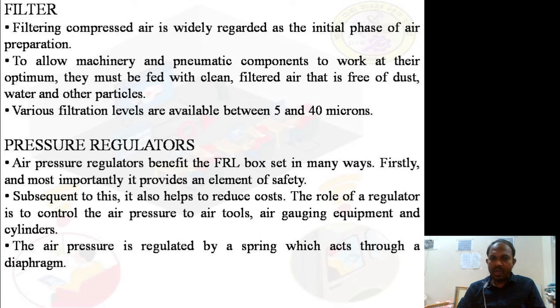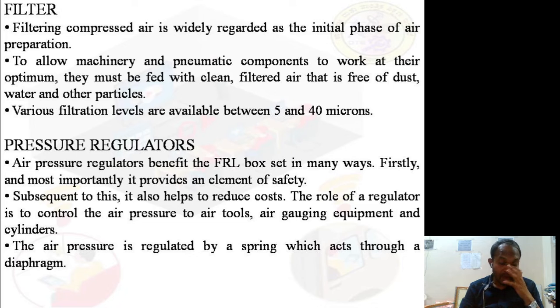Okay. Now, it is because of the pressure regulator. Any equipment which has been designed, whether it is an electric, hydraulic or pneumatic system, will always have its own maximum and minimum operating conditions.